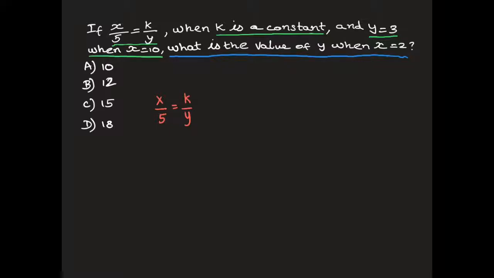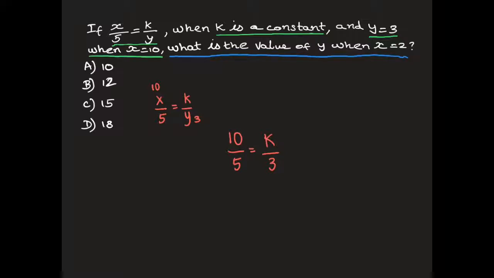We'll just plug those numbers into our equation. So x is 10 and y is 3, which means 10 over 5 is equal to k over 3.